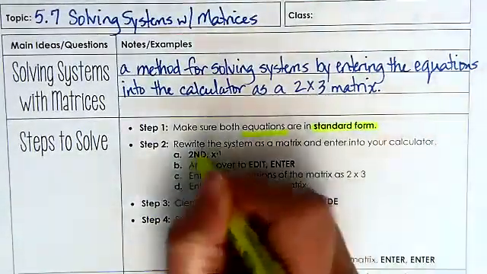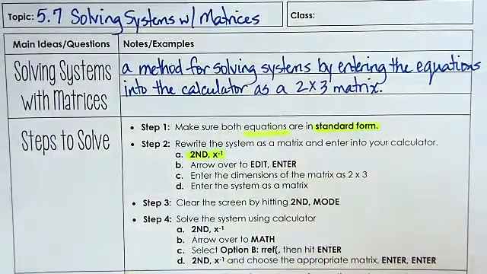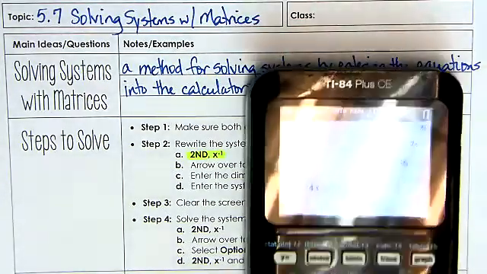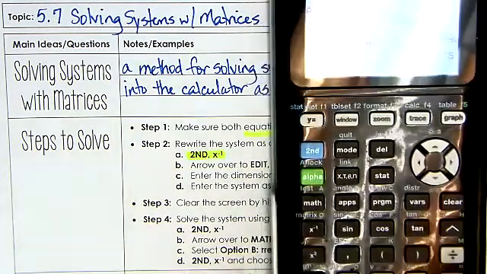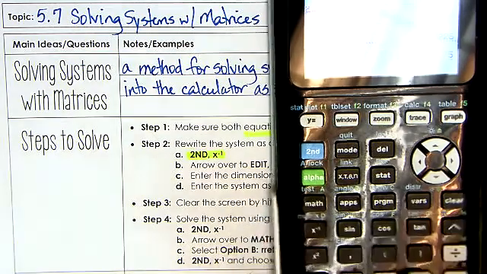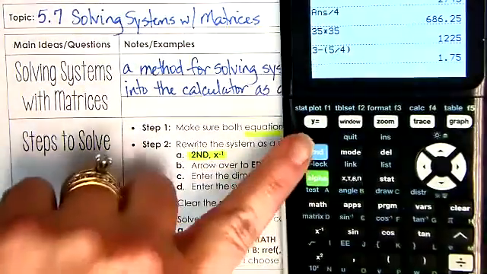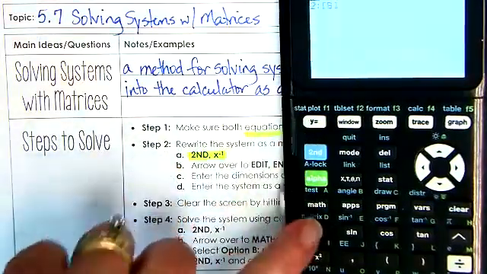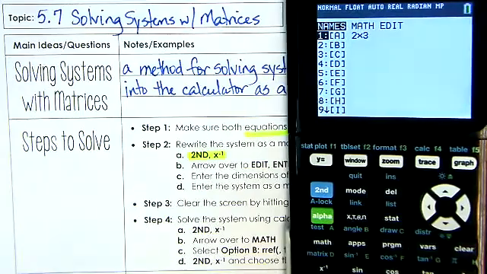You're going to follow the steps of hitting second, then x raised to the -1, and that is located, if you look on the calculator, this button right here is x to the -1, and you'll notice that the word matrix is in blue, so that means I have to press the blue button first, so you end up with second matrix, and you will have a screen that looks like this, and we want 2x3, so it's already set up.